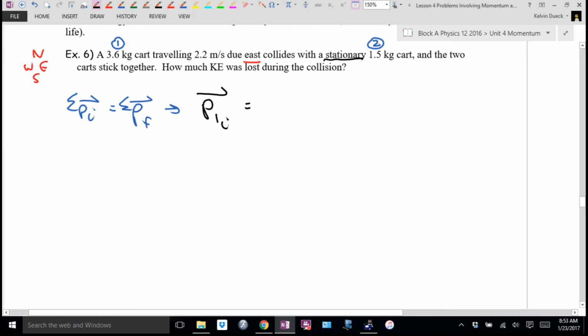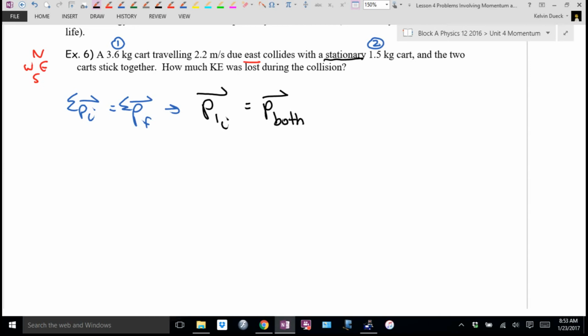Wham! They collide. After the collision, what's moving? Both stuck together. If they were separate, I would just have two momentums here. Now I pause. Does this question mention angles? Do I have different directions? Do I have a north and an east or a south and an east? So I can do this algebraically.